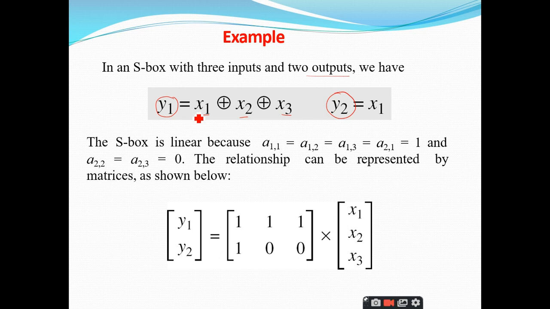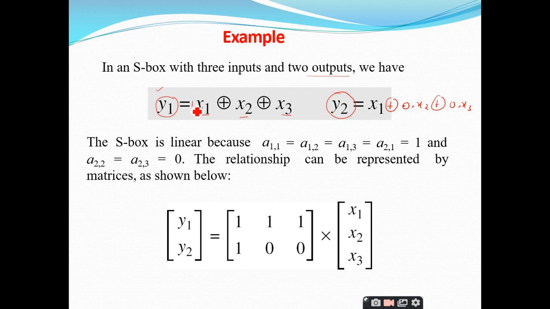It is defined as a function where you are performing an exclusive OR operation of all the input variables, x1 exclusive or x2, exclusive or x3. So this is how y1 is related. And how is this y2 related? It is also a combination of all the 3 variables only. How can I write this? x1 exclusive or 0 into x2 exclusive or 0 into x3. Am I right or not?